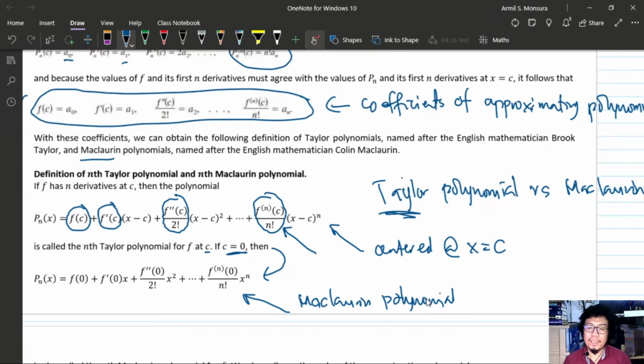That's their only difference as per definition, but they would differ greatly depending on the function that we consider. So when you are asked what is the difference between a Maclaurin polynomial and a Taylor polynomial, it is its center. The center of the Maclaurin polynomial is 0, while a Taylor polynomial can be centered anywhere.